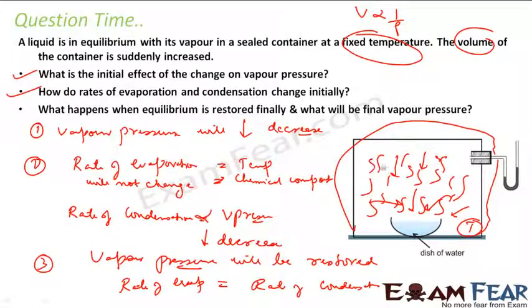So more and more vapor will be evaporated. Once more and more vapors are there in the system, the vapor pressure builds up, right? And then when the vapor pressure becomes the original vapor pressure, at that time the rate of evaporation becomes equal to the rate of condensation, and the vapor pressure is restored.